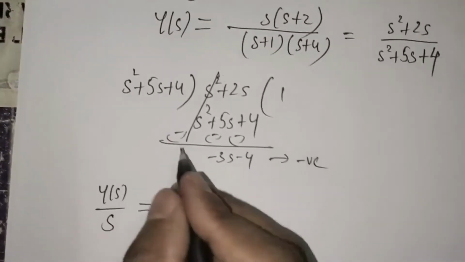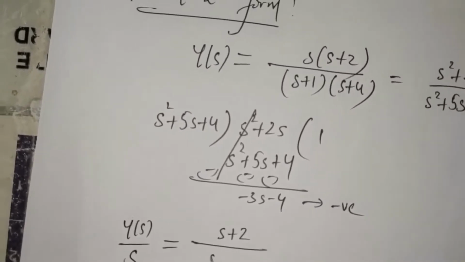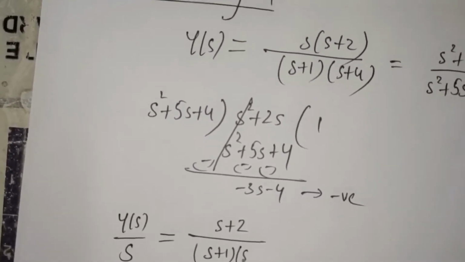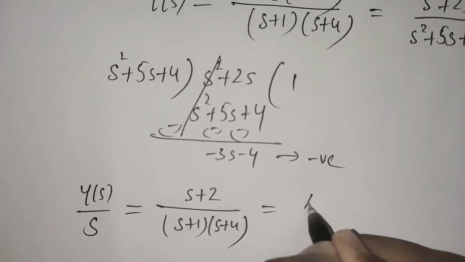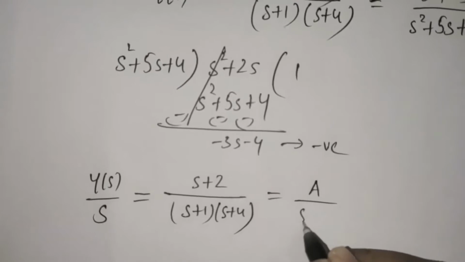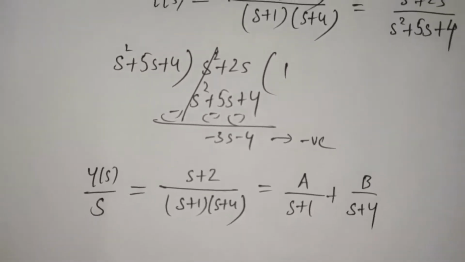That is nothing but s plus 2 into s plus 1 into s plus 4. Now this upon partial fractions becomes A by s plus 1 plus B by s plus 4.